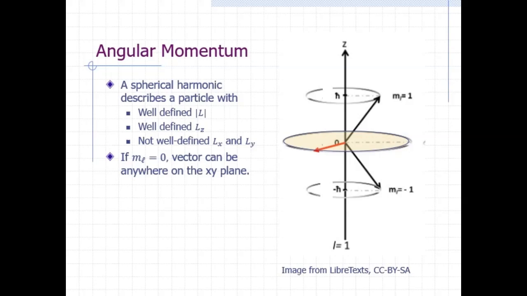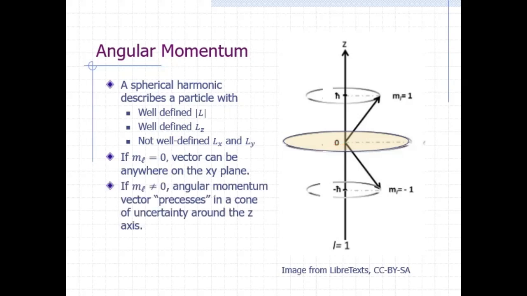If quantum number L is 1, then the length of the arrow is square root of 2 times h bar. It's the same regardless of where it's pointing, since the magnitude of the vector is well defined. If m sub L is non-zero, then the angular momentum vector can be described as precessing in a cone of uncertainty around the z-axis. Imagine this circle as above the xy plane and parallel to the xy plane.